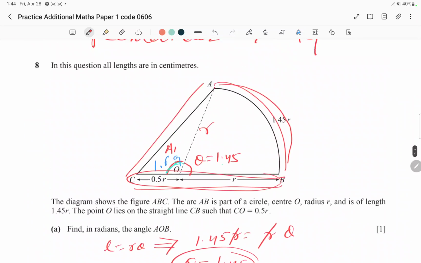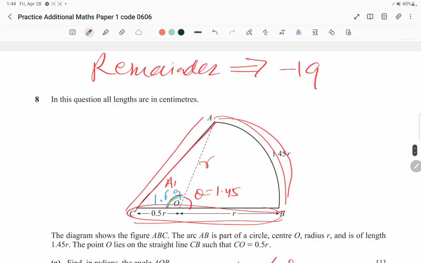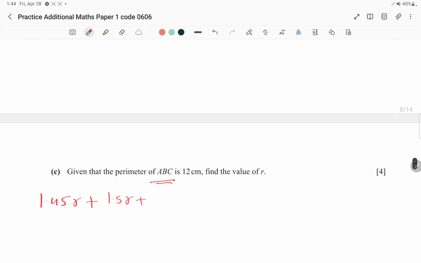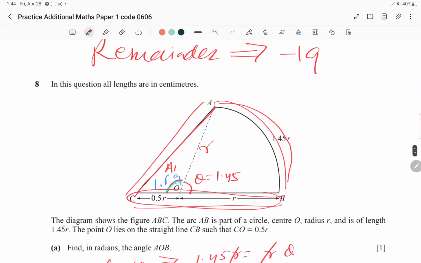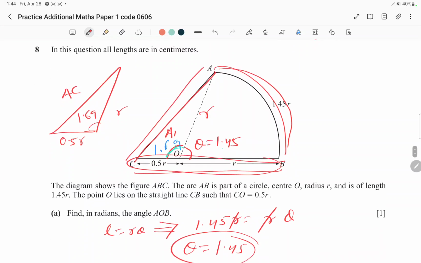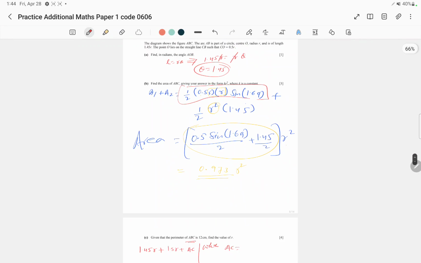plus this length AC. So AC we don't have. Now where AC we can find, we can apply cosine rule, because we need to find this AC length, where this is 0.5 R, this is R, and angle between them, which is 1.69 available. So right, we can apply cosine rule here.